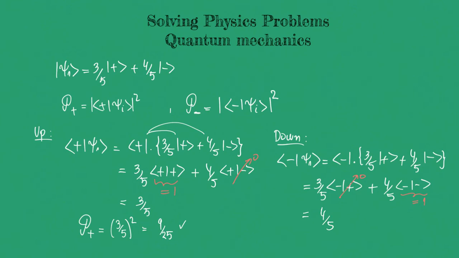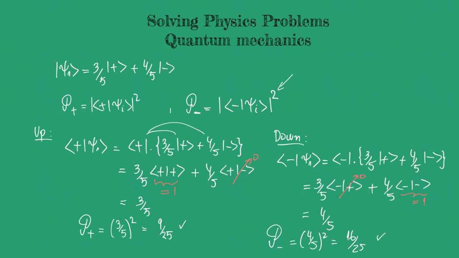4/5. Then the probability of finding spin down, if I plug this value back into this modulus squared here, we get 4/5 squared, which is 16/25.